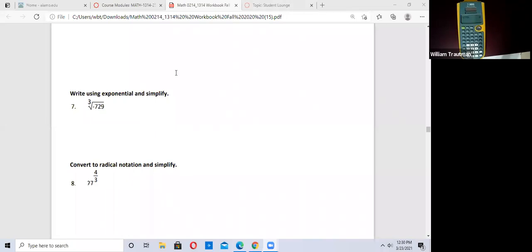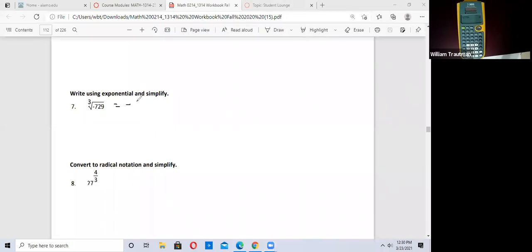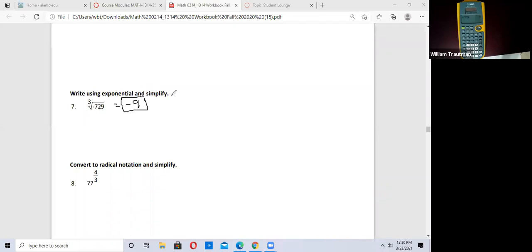And I have a different version of this. So this answer is negative 9. My question to you is, what if I had this? What is the answer now? Anybody know what the answer now would be?